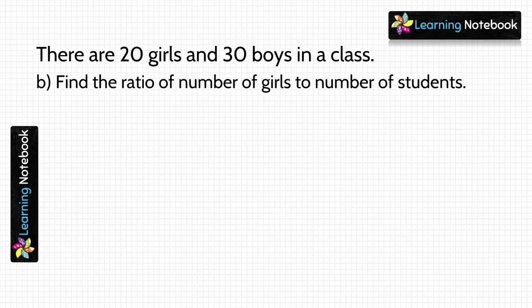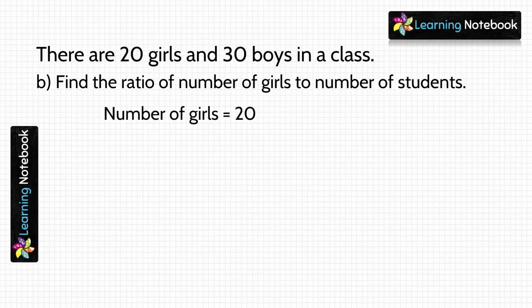Let's do B part of this question. Find the ratio of number of girls to number of students. Now here we have to find the ratio of number of girls to number of students. So let's solve it. First we will write the statements.